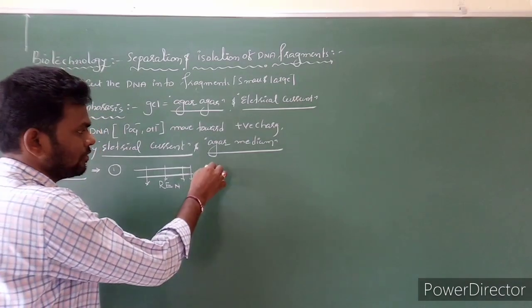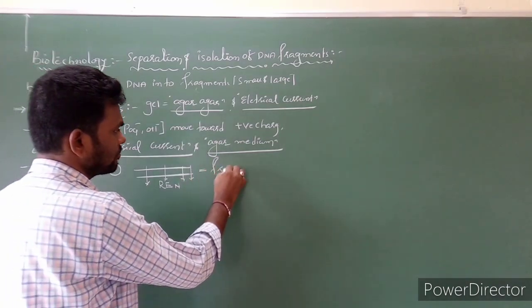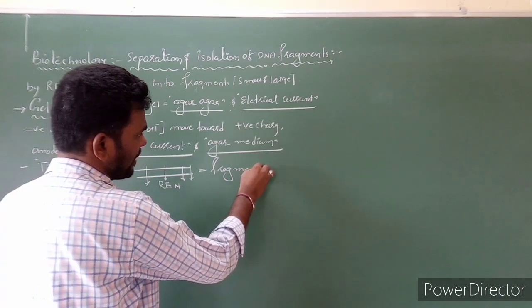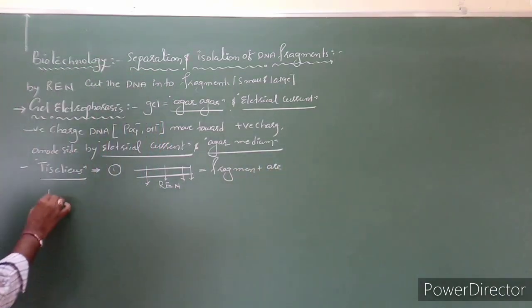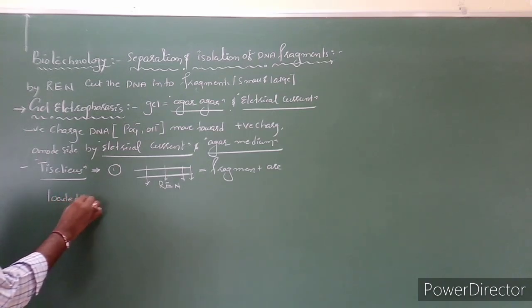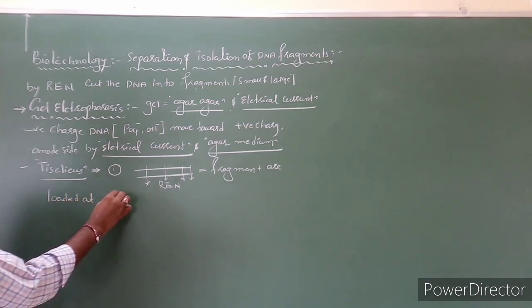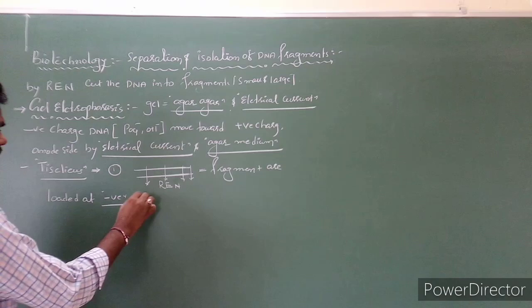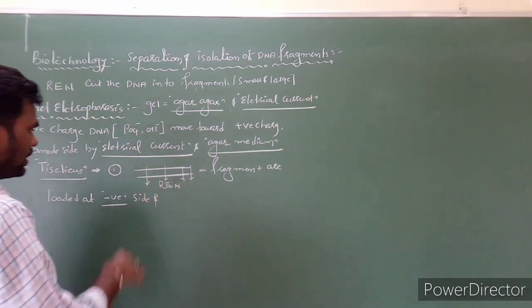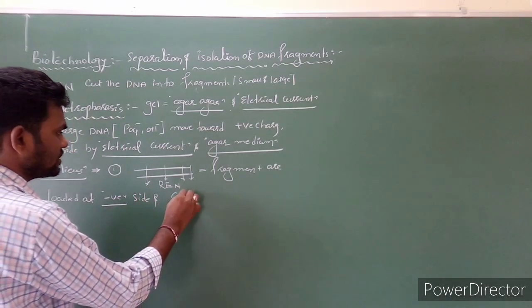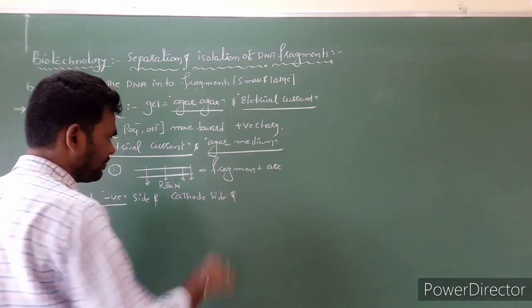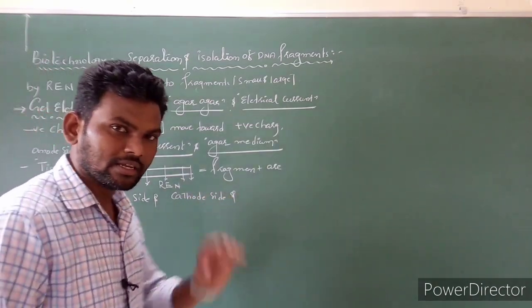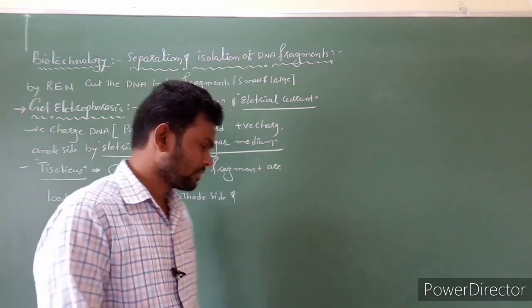Now these fragments are loaded at the negative side. The negative side is nothing but the cathode side. Then what I have to do is just apply the electrical current.